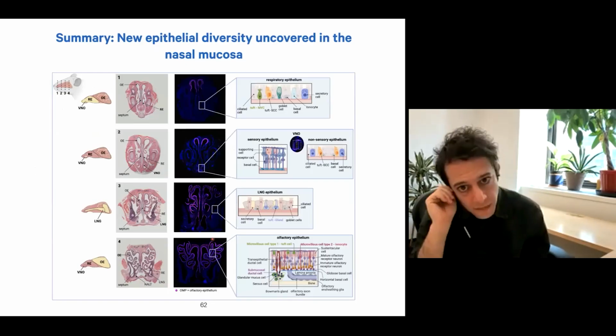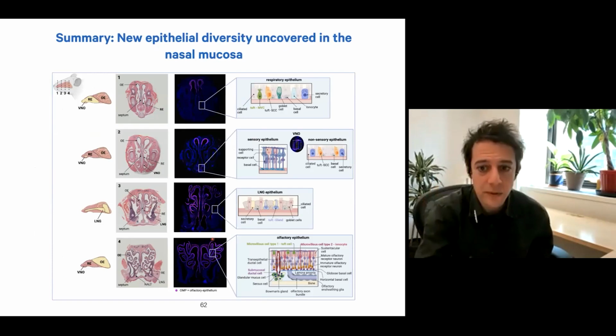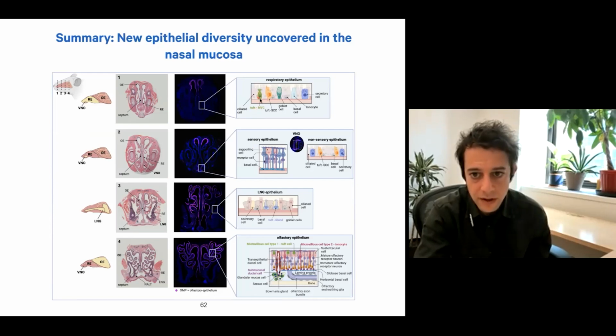To summarize some of the findings that we were able to show across the nasal mucosa, we've identified these new subtypes of tuft cells called tuft MVC, or tuft microvillus cell. This is the one with the globular morphology. And these two types of microvillus cells actually correspond in the olfactory epithelium to tuft cells and to ionocytes.